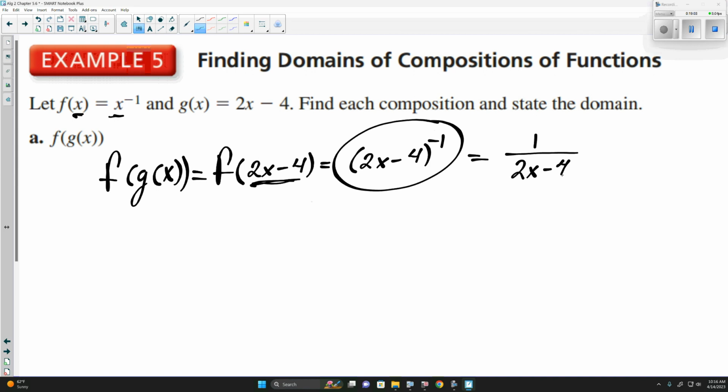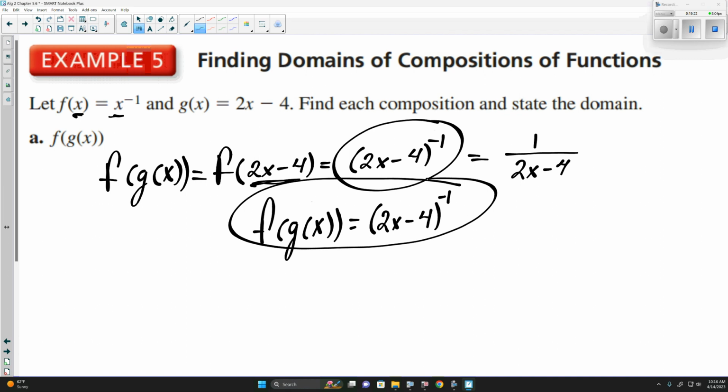We'd have to move it from the numerator to the denominator, the top of the fraction to the bottom. But we'll take it as this. So for us here, f of g of x is 2x minus 4 to the negative 1. Questions on any of this?